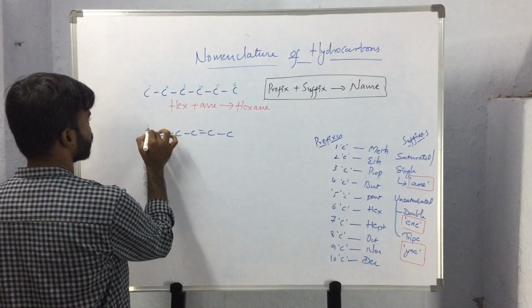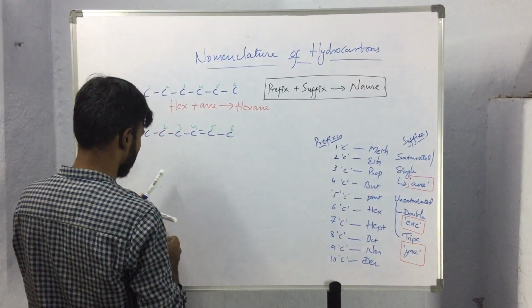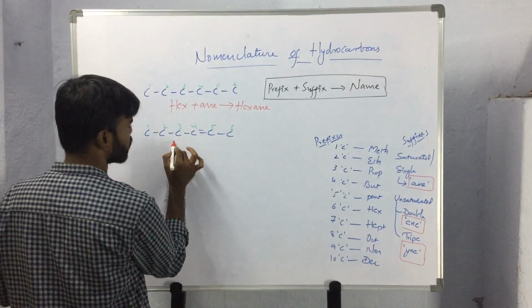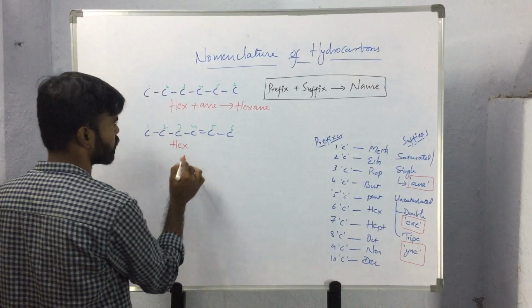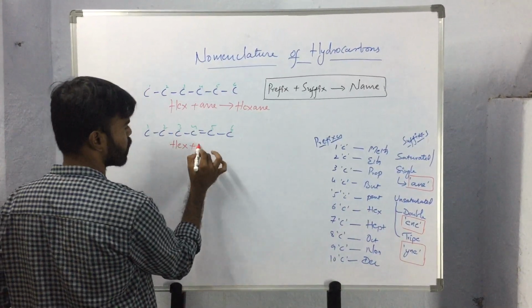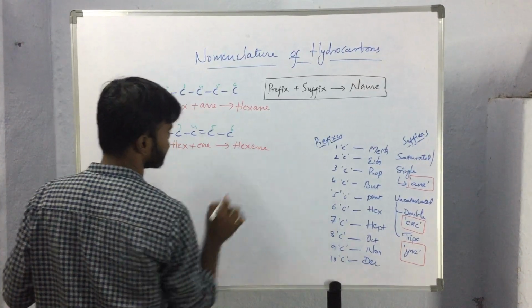Here, 1, 2, 3, 4, 5, 6: as it has 6 carbon atoms, the prefix will be hex and the suffix will be "ene", as it has the double bond. So the name of the compound will be hexene.